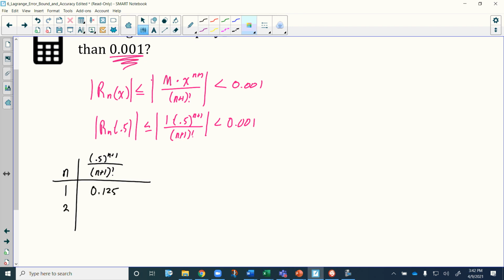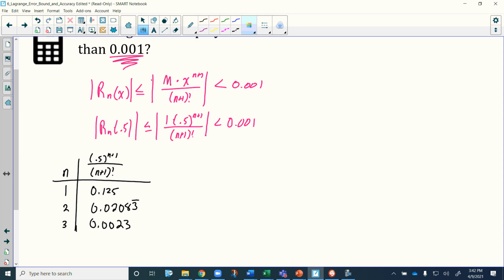When n was 2 for my degree, I got 0.02083 repeating. So we're still not less than 0.001. For the third degree, I got 0.0023. So the decimal place is moving, but it's still not less than 0.001.